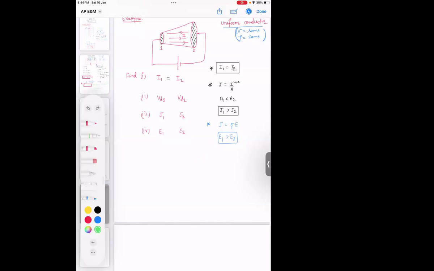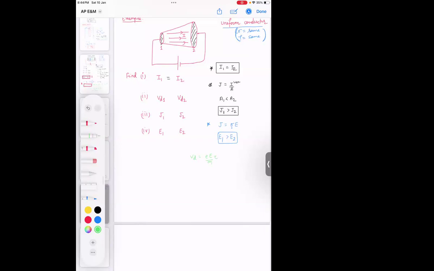Or we can also write drift velocity as E by M into tau, isn't it?